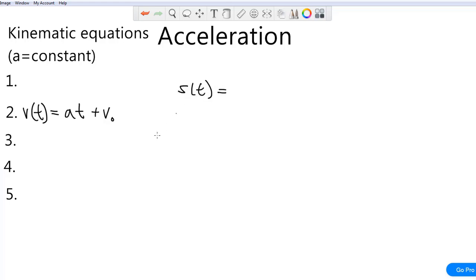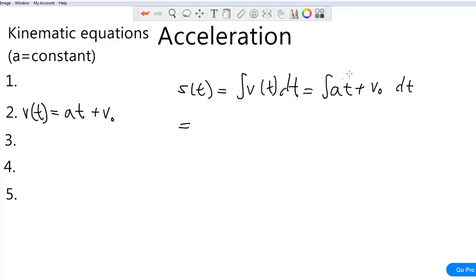Most of these equations will be in vector form, but technically you can just have x completely for the equation or y completely for the equation. So s of t is just the integral of v of t with respect to time. If we plug in v of t for constant acceleration, that's the integral of at plus v naught dt.